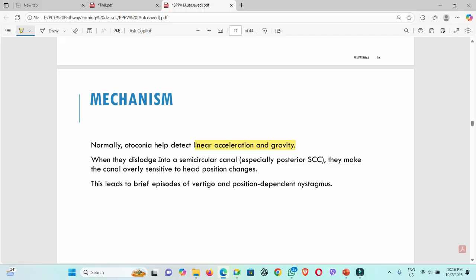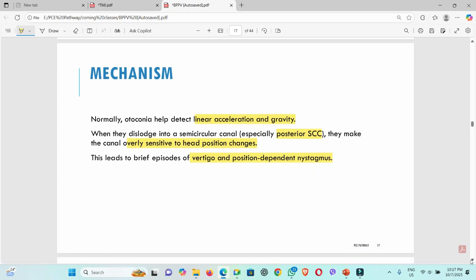When they dislodge into a semicircular canal, especially the posterior SCC, they make the canal overly sensitive to head position changes. This leads to brief episodes of vertigo and position-dependent nystagmus. So vertigo and nystagmus are key signs of BPPV.